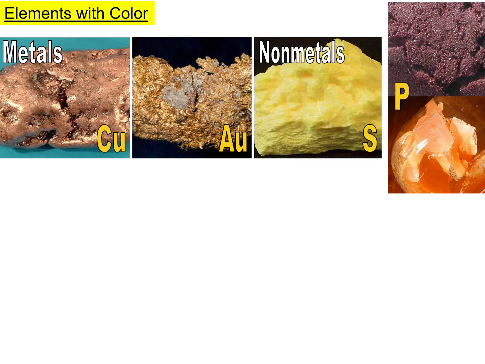We also have nonmetals that have characteristic colors. Sulfur is a brittle nonmetal solid. Phosphorus comes in 2 different colors. We have red phosphorus, which is the tame stuff. If you want to do any kind of chemistry with elemental phosphorus, this is the stuff that you would use. And then there's the white phosphorus.